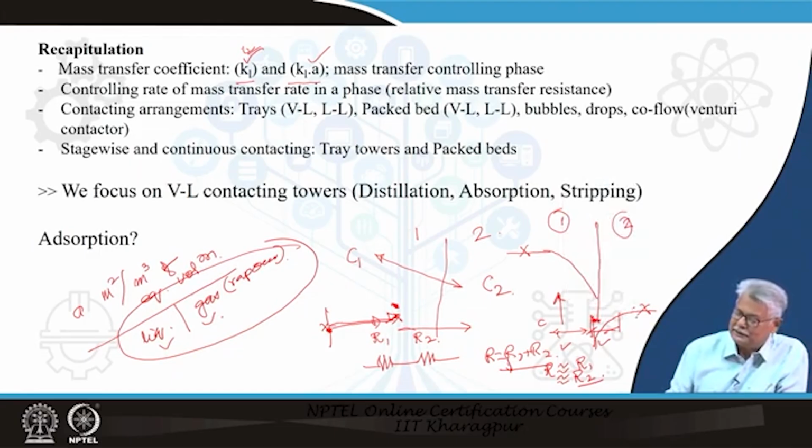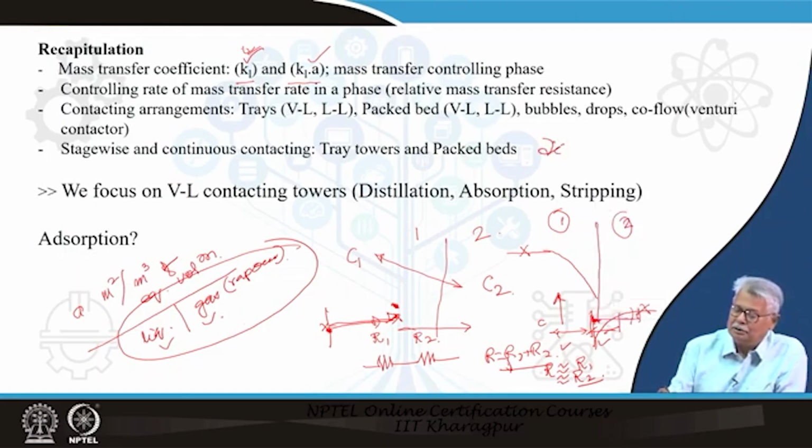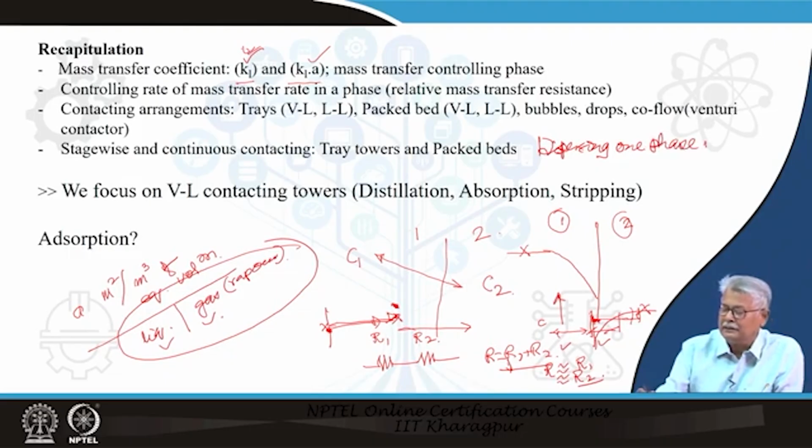Suppose we have a length across which it has to diffuse, and somehow we can reduce this, then we are going to help the mass transfer. That means the mass transfer rate is going to improve by this action. So, what we have here right now is a case in which we think of dispersing one phase into a continuous phase.